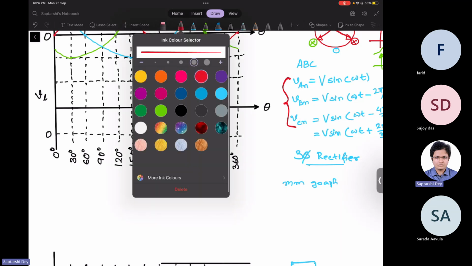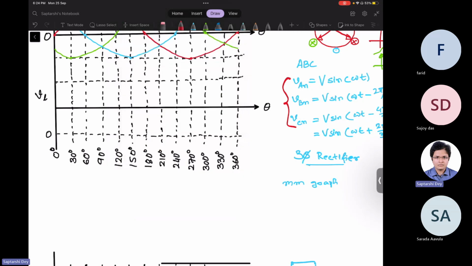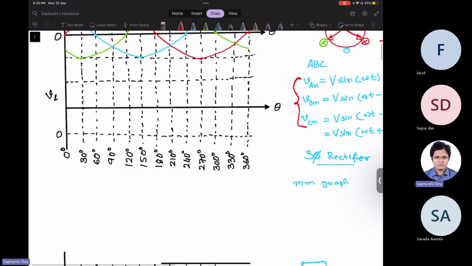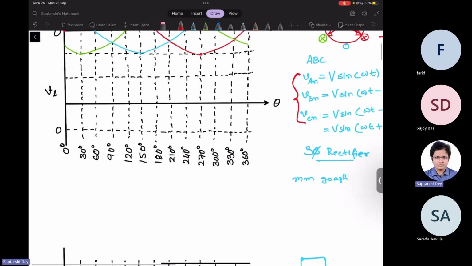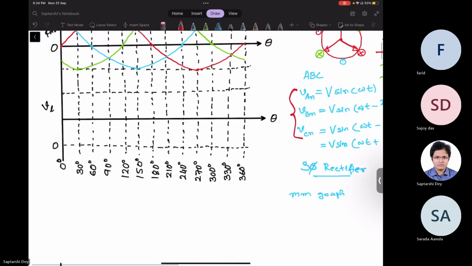Now line voltage, if there is delta, so let us say a delta connected supply, like this.